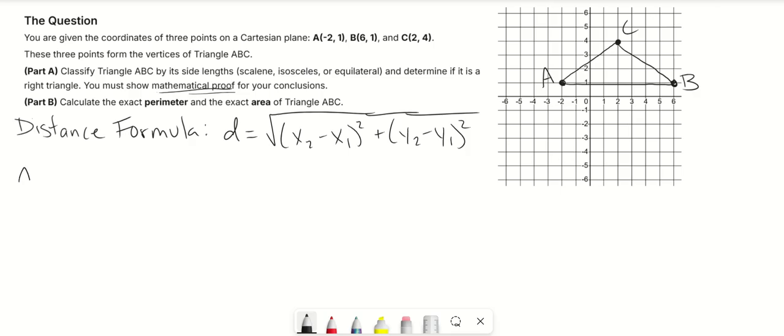Let's start with finding the length of side AB. That is our flat side here, so we don't even need the distance formula for that. We can just count how many units it is on the coordinate plane. So from A to B, that's going to be 1, 2, 3, 4, 5, 6, 7, 8 units on the coordinate plane.